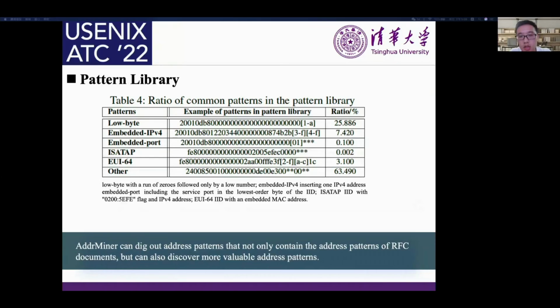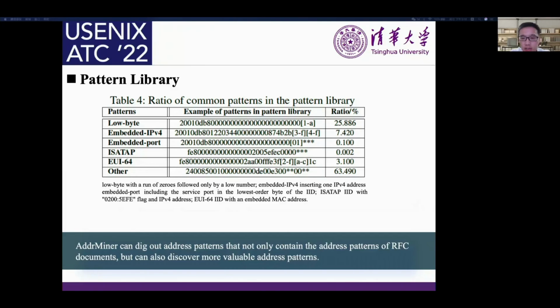Besides, AddrMiner can dig out address patterns that not only contain the address patterns of RFC documents, but can also discover more valuable address patterns. AddrMiner can find many additional address patterns, such as the other types in the table, which also account for 63.4% of the total.